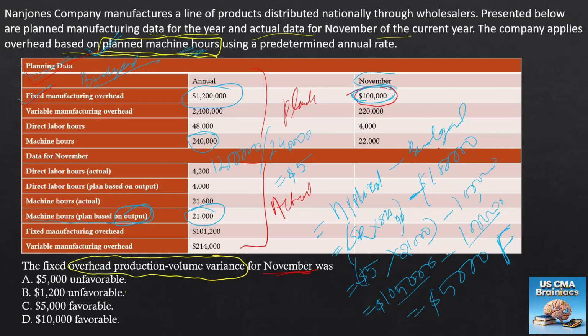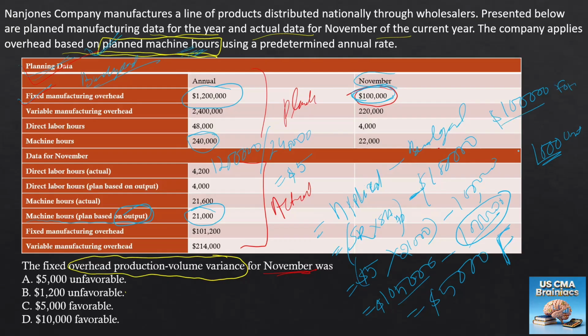We planned fixed overhead of 100,000, which means we expected to produce 10,000 units. Let's discuss the logic. We planned to produce 10,000 units with $100,000 of fixed overhead, right?